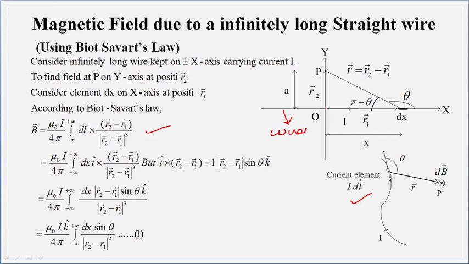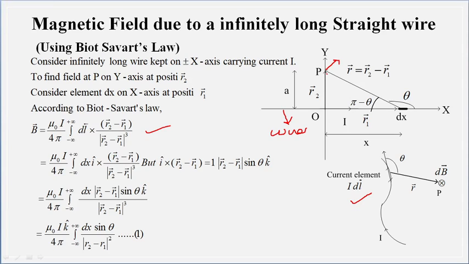From the origin, it extends to plus infinity, and on the other side it extends to minus infinity. Then we find the magnetic field at this point, which is along the y-axis.